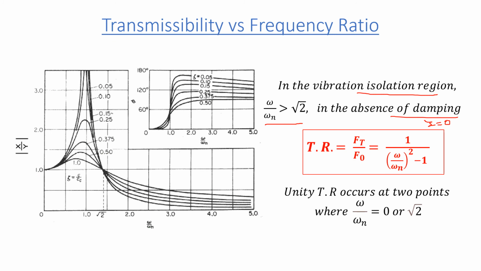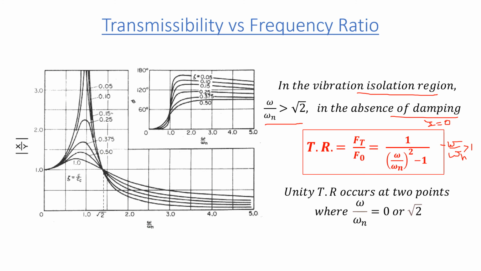We have changed the sign here. In place of 1 minus (omega by omega n) square, we have taken it like this, which is required when omega by omega n is greater than 1 to keep it positive.